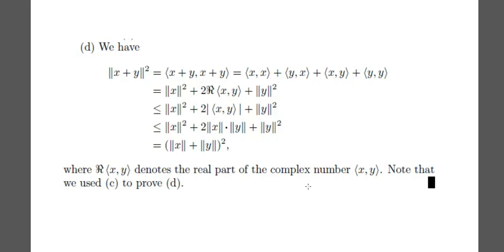Now this real part is less than or equal to mod of inner product of x, y, and mod of inner product of x, y is less than or equal to norm x into norm y by Cauchy Schwarz inequality. So we get norm x squared plus 2 times norm x norm y plus norm of y squared, which is equal to norm x plus norm y whole squared.